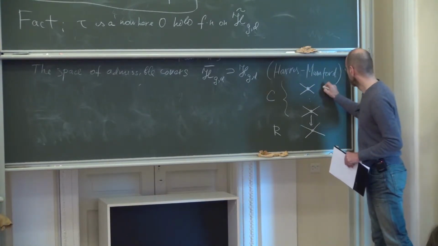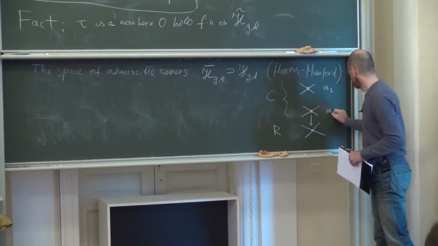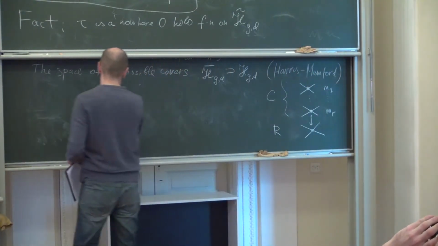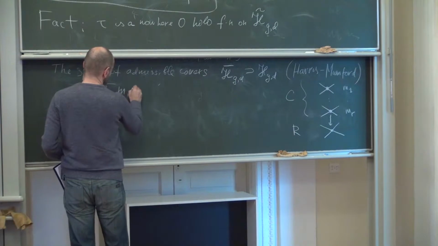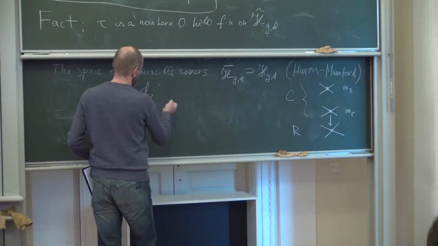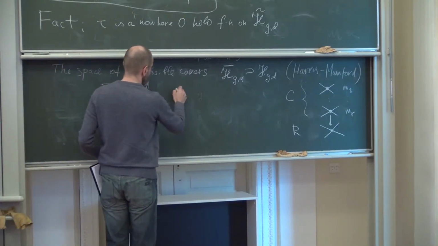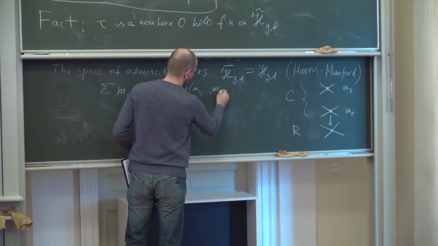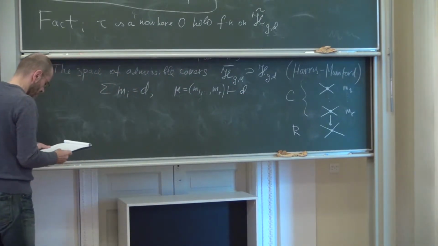So let's denote these ramification indices by numbers M1 to MR. R is the number of preimages of this node, and of course it's clear that the sum of mi's is just the degree of the cover, and so the set of numbers mi is a partition of D. Let's call it mu. So that's a partition of D.